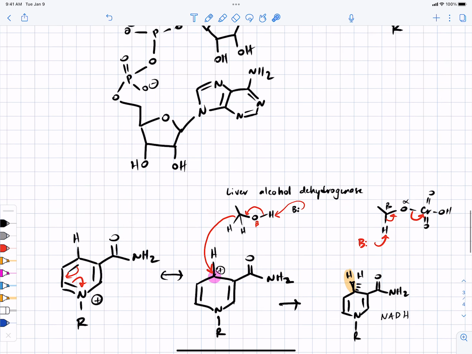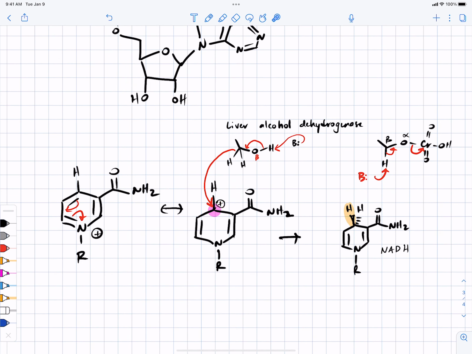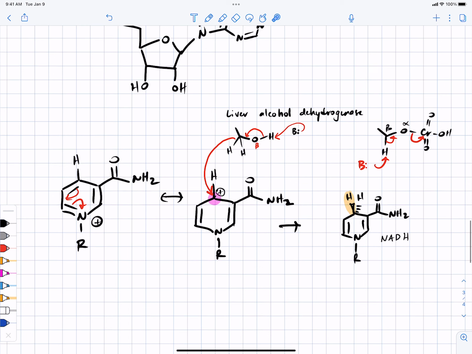So NAD plus is a hydride acceptor because you've got a positive charge in the ring, but NADH can be a hydride donor. And in fact, I told you that NADH gets taken to the electron transport chain in mitochondria, where it donates the electrons from this bond and the proton to drive the formation of the proton gradient across mitochondria.